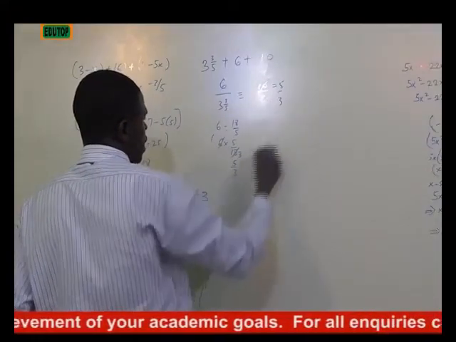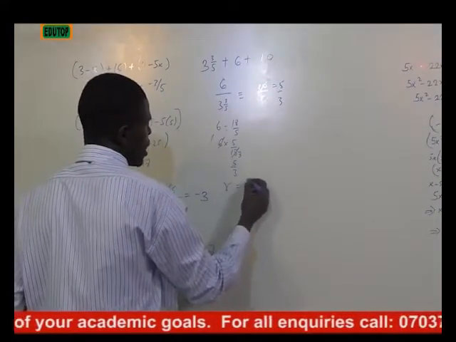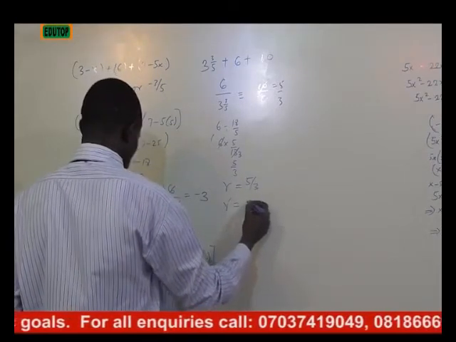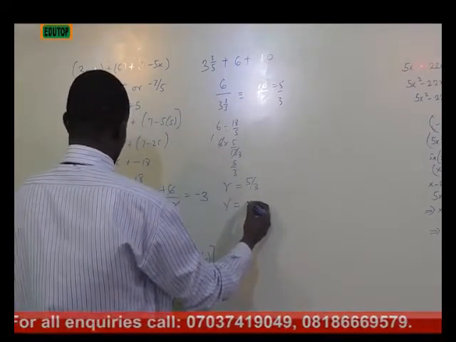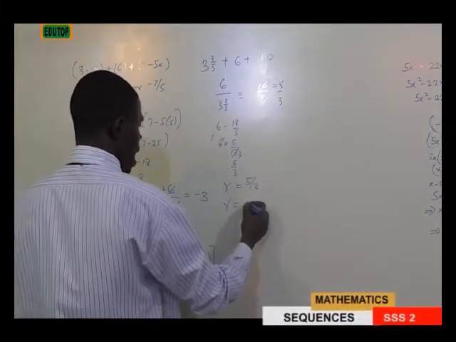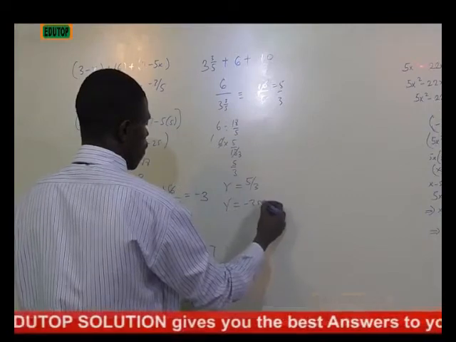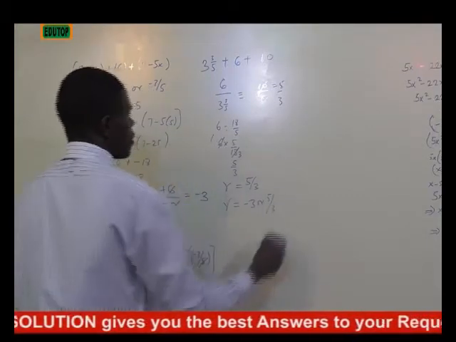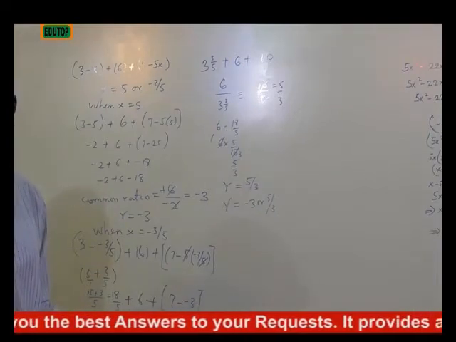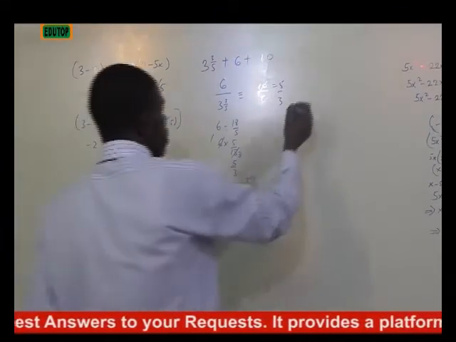So definitely our common ratio here is 5/3. So we have the common ratio to be, in the first case, -3 or 5/3. Then the last here is the sum. So we'll calculate the sum.